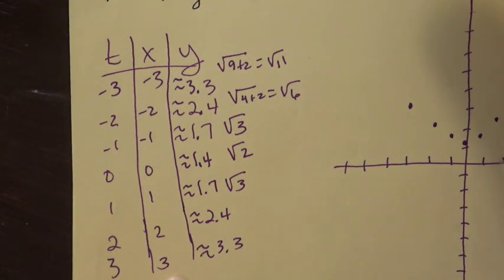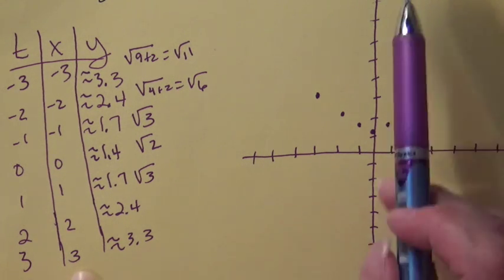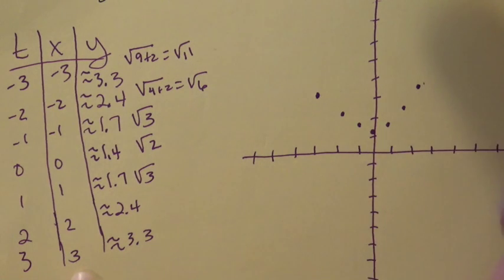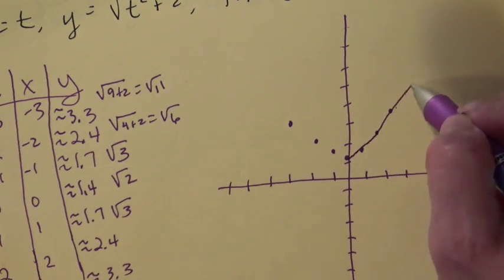So we have enough information now to know what to expect with the rest of our graph. Remember, this one was defined from negative infinity to positive infinity, but we can see the pattern if we just continue to keep going the same way.